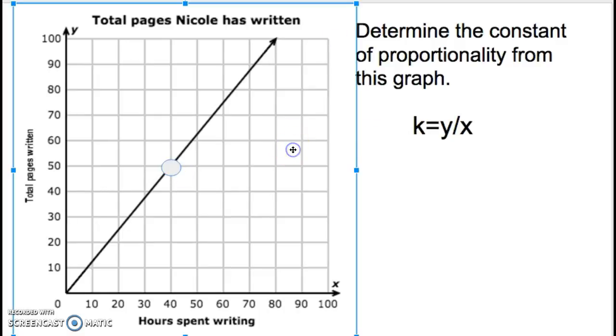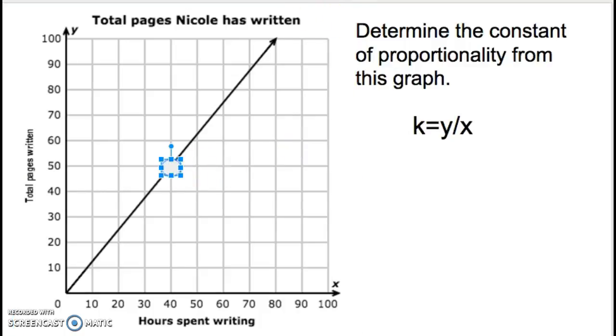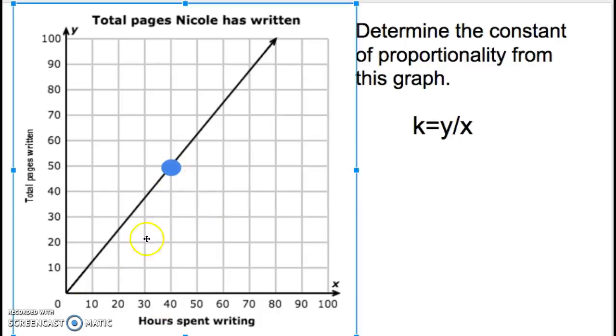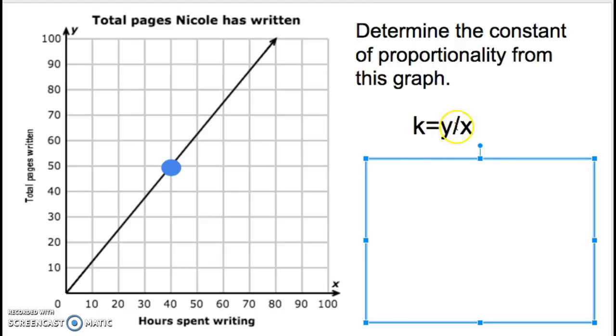So that ordered pair is at 40, 50. So x, y, it's at 40, 50. But in my constant of proportionality, we remember that we need y over x. So our k is equal to our y, which is at 50, and our x, which is at 40.